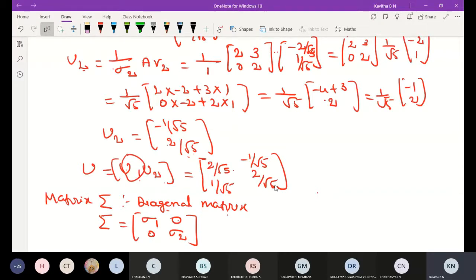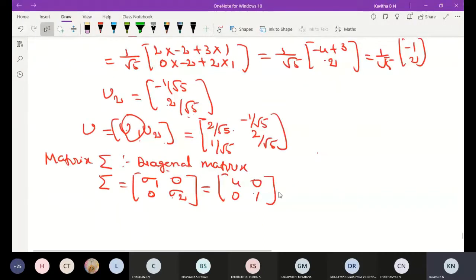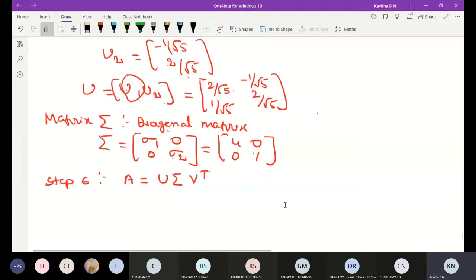Okay, then step 6. A is equal to U summation V transpose. Substitute all the values here. U is 2 by root 5, minus 1 by root 5, 1 by root 5, then 2 by root 5.